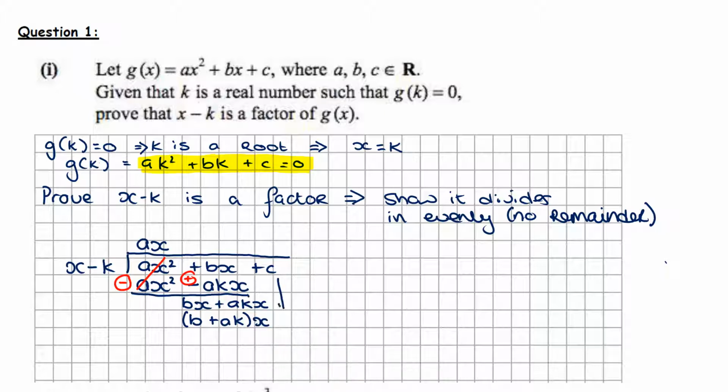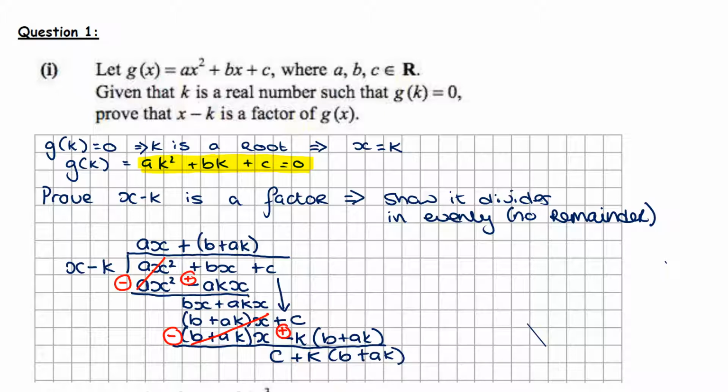And the reason we want to do that is for division purposes. When we divide x into this now, very easily we can see it goes b plus ak. So we get b plus ak times x minus k times b plus ak. This is subtraction, this cancels and this becomes a plus. So we're left with c plus k times b plus ak.